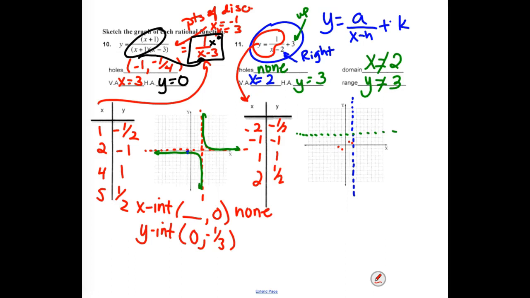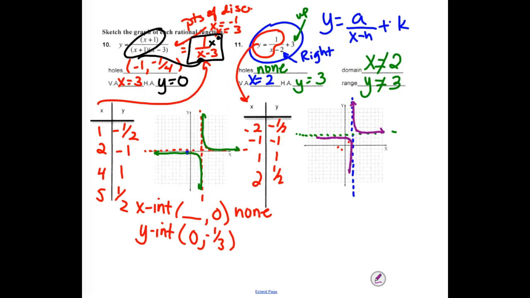Go ahead and do that to figure out where your new points should be. So we have our graph still in that general quadrant 1 and 3 kind of format, but we've just shifted it right and up. Okay?